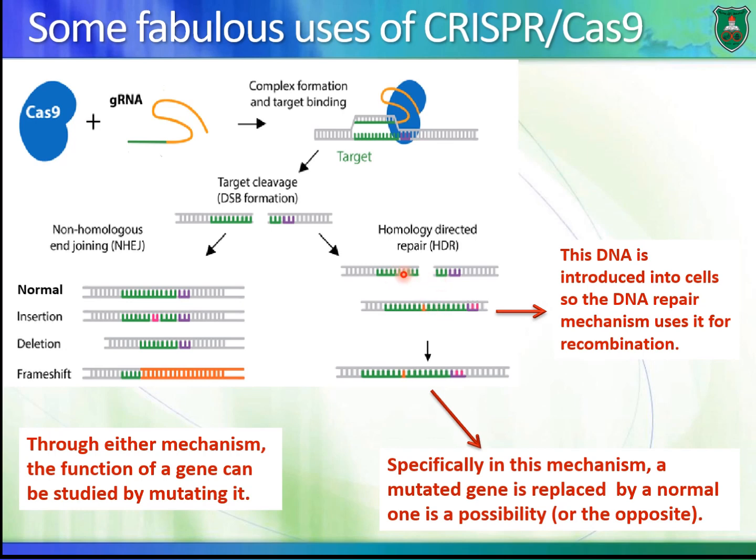Or if the gene is originally mutated, we can replace it by a correct gene that we introduce, that does not have a mutation. So in the homology repair system mechanism, we can replace a mutated gene by a normal one. And this is a huge, great opportunity of correcting genetic diseases by repairing DNA. Okay?